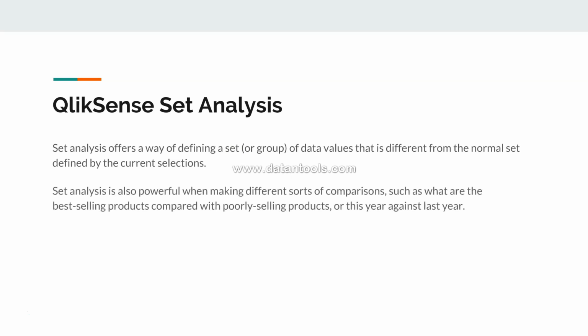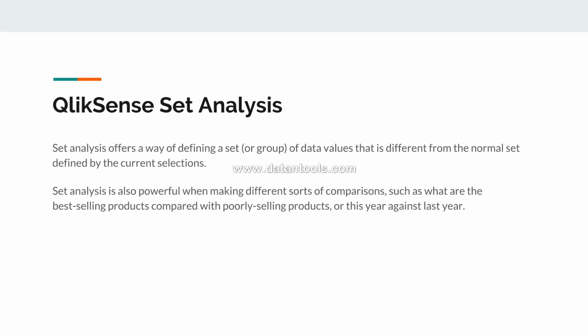Set analysis is powerful when making comparisons. For example, you want to compare the poorly selling products for this year against the last year. If this is the difference you are looking for, you can achieve it with the help of set analysis.